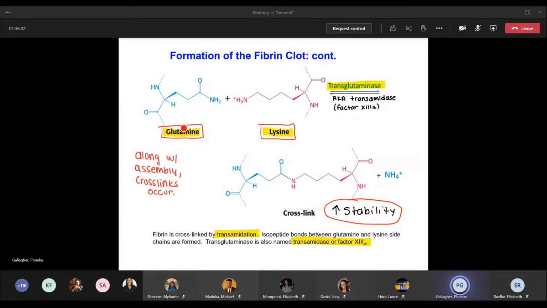So glutamine from one fibrin would then associate with the lysine of another fibrin molecule, through transglutaminase, or she could use factor 13A. So I would maybe know these as one and the same because she mentions either one. I would know that they go through transglutaminase to form these cross links, but the structures you don't really have to worry about too much.